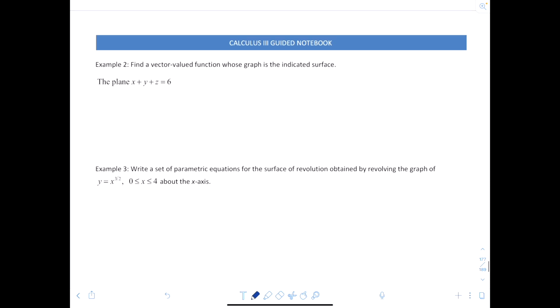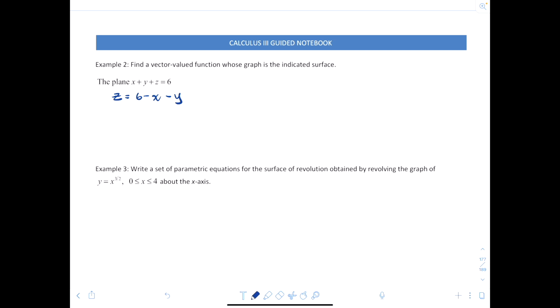Okay, so next up, let's find a vector-valued function whose graph is the indicated surface. So the plane x plus y plus z equal to 6. So if we go ahead and isolate z, we would get z is equal to 6 minus x minus y. Good so far?